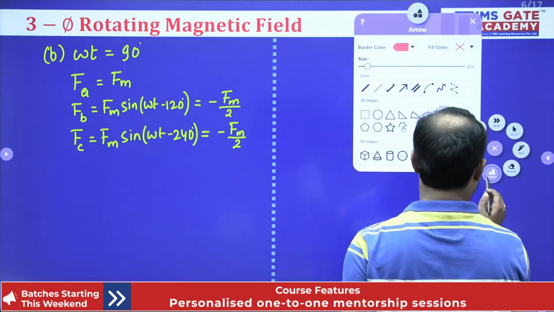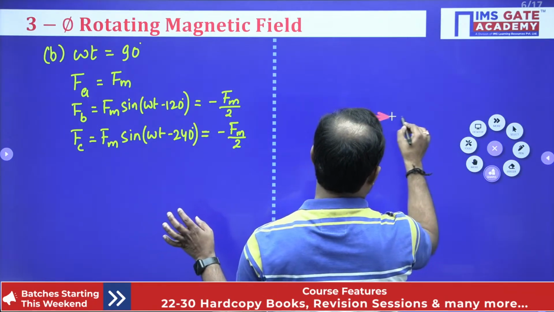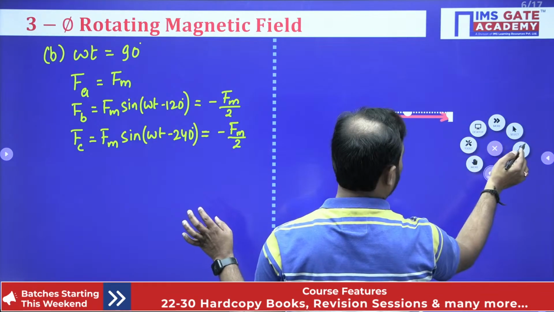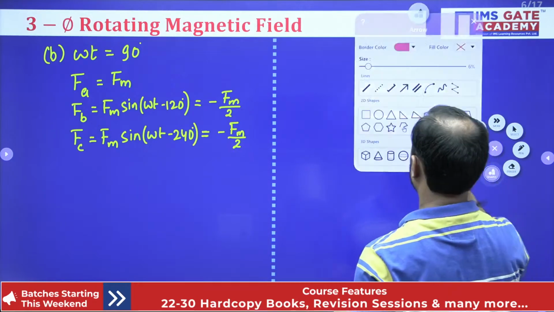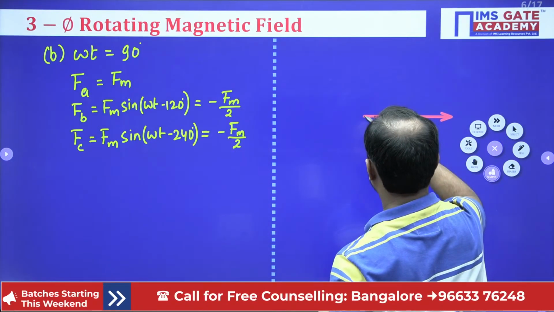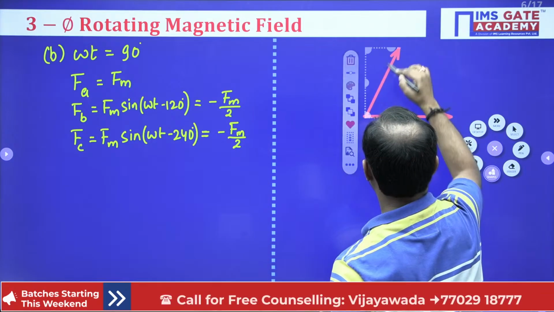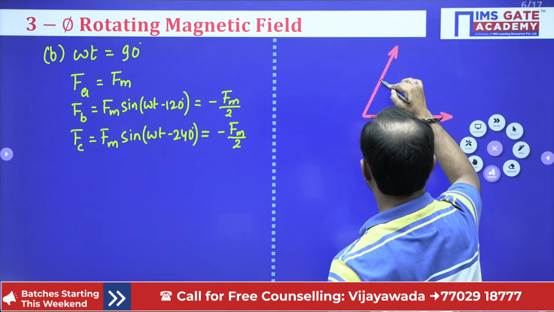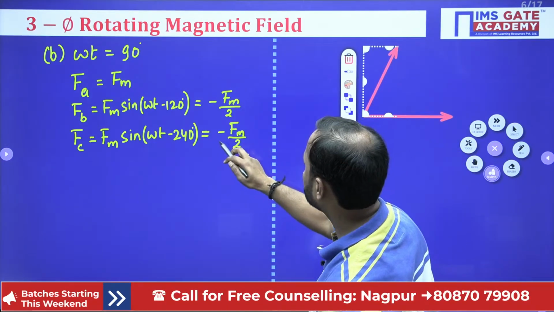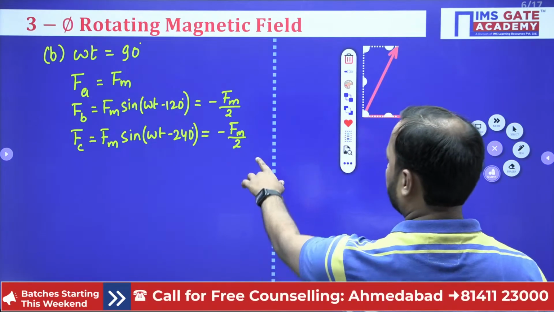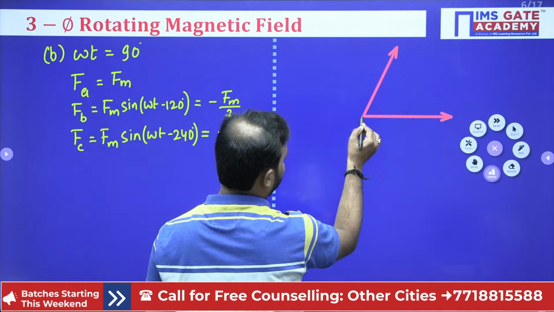So here FA is positive, so it is in the same direction. FB is negative, so opposite direction. And what about FC? Again negative, so we will have to draw FC in the opposite direction as well.